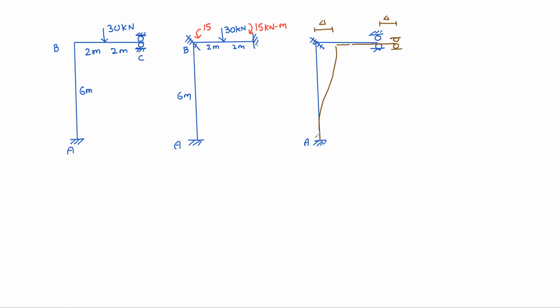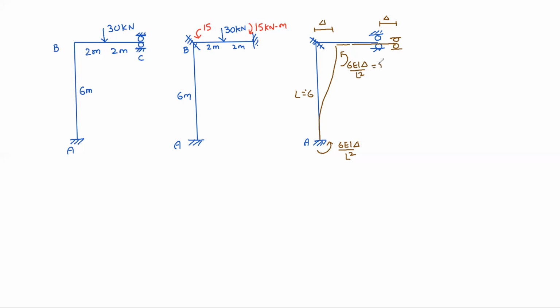Because of this delta, basically we get an anti-clockwise moment of 6 EI delta by L square. L equal to here 6. Here also, this side also, 6 EI delta by L square.